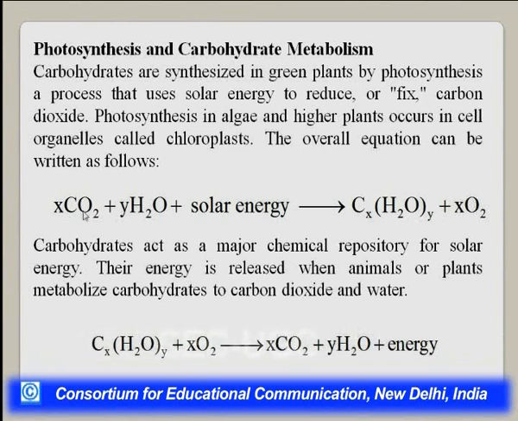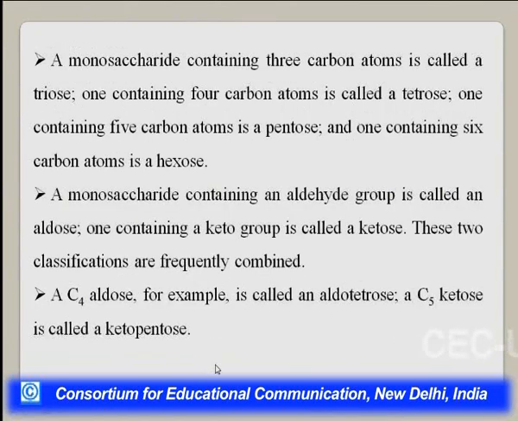You can see carbon dioxide and water molecules, solar energy trapped in the chloroplast, and you will get this carbohydrate. Carbohydrates act as a major chemical reservoir for solar energy. Their energy is released when animals or plants metabolize carbohydrate to carbon dioxide and water. You can see this kind of reaction can happen.